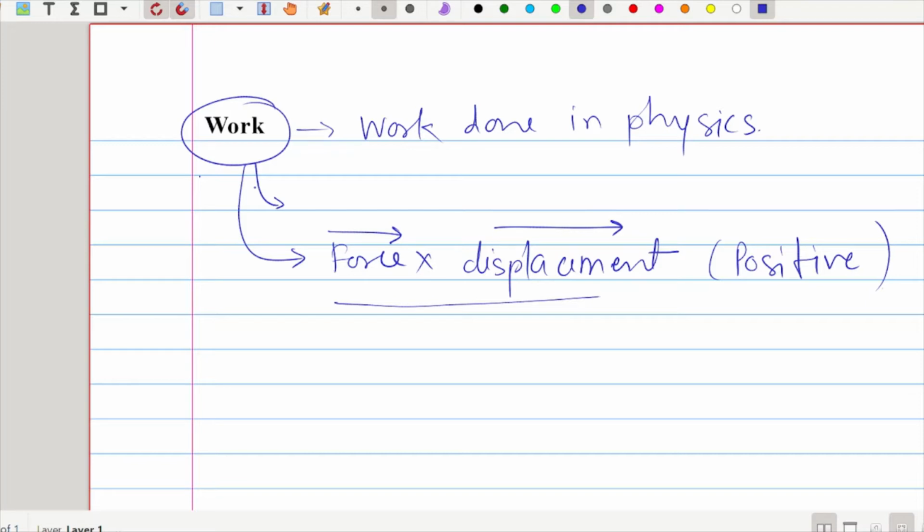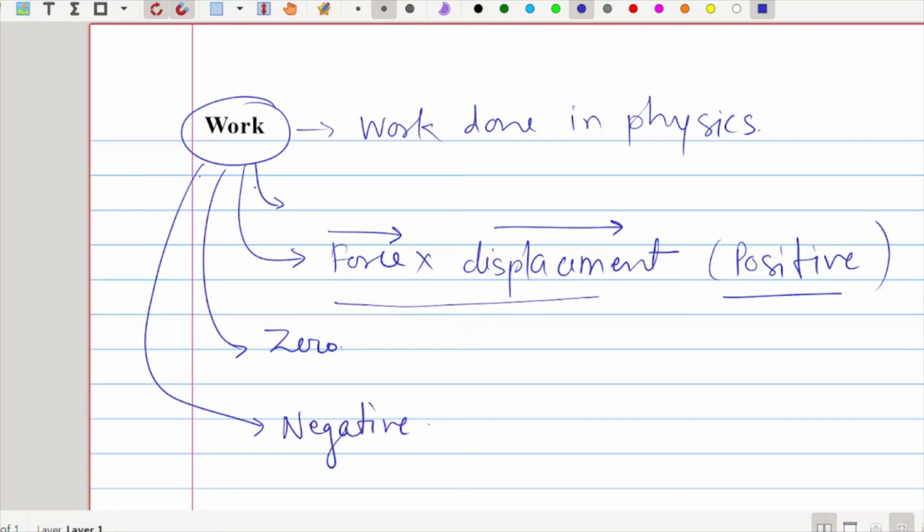So when I'm saying the work is positive, you may be thinking whether there is negative work or zero work. Yes, there is zero work and there is negative work as well.